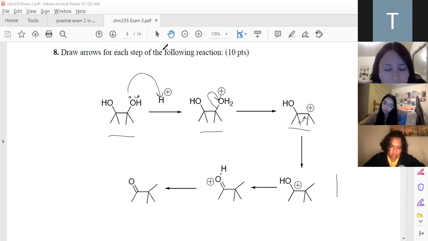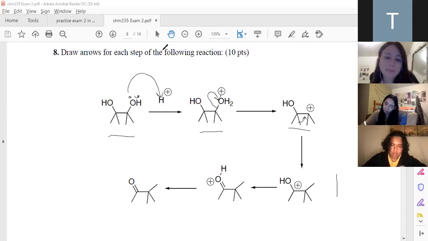Start on the bond and draw to that carbon that has the plus charge. Does that make sense? Yeah.